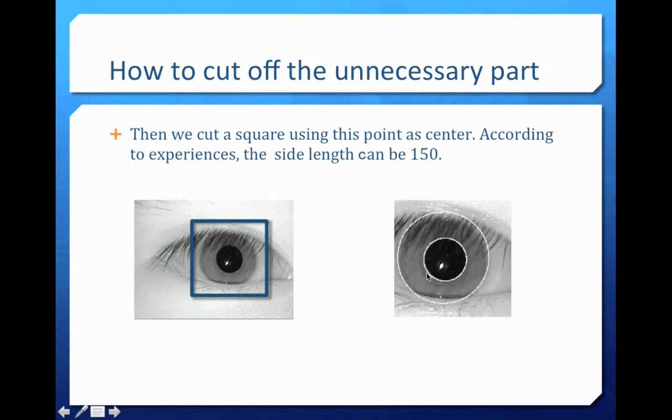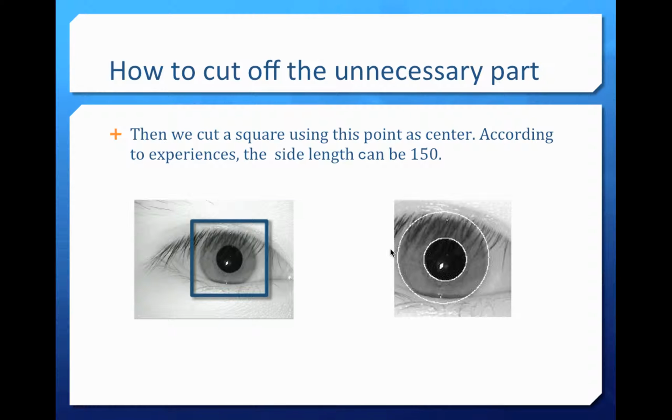Like this. If we do this to picture 1 on the left side, we will get the center of the pupil, which is also the darkest part in the center of the picture on the right side. After this, we take this center as the center of a square and choose a proper size square.